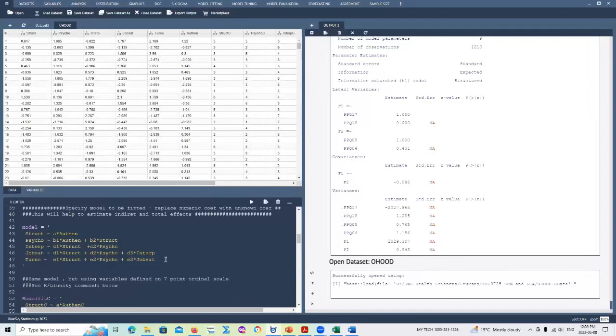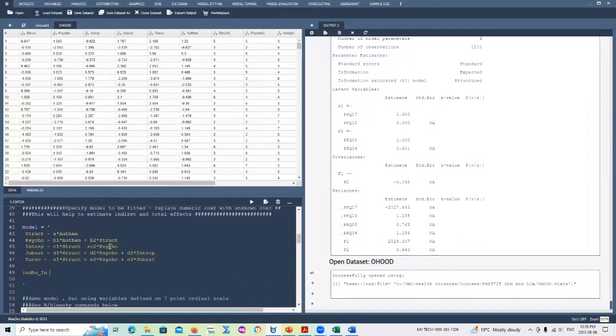Let's suppose we now want to find an indirect effect. Tell me which indirect effect you want to focus on. The indirect effect of authentic leadership on interpersonal conflict.